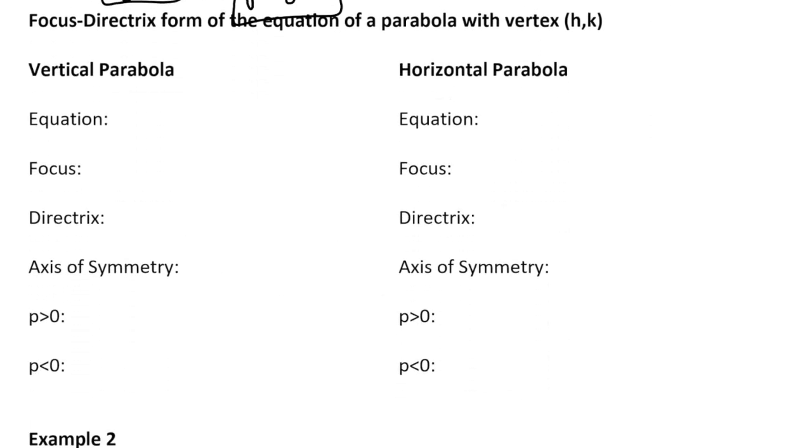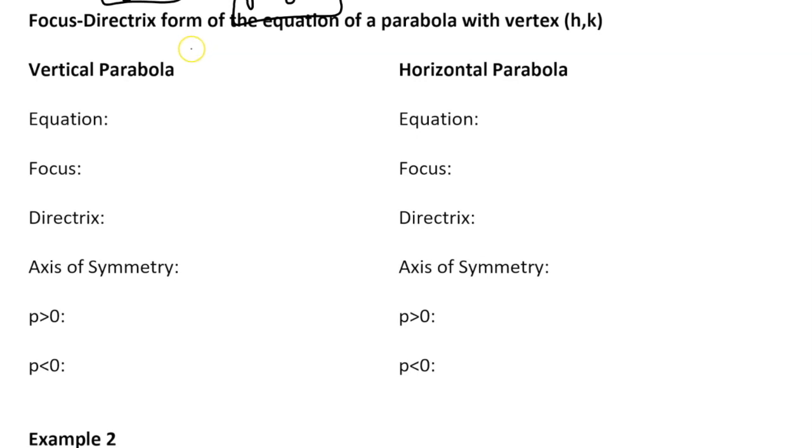Okay, now not all equations have a vertex of (0, 0), and because of that, we do need to make some generalizations. Here's what would happen if you now had a vertex of (h, k). We'd be able to write this in an expanded form.